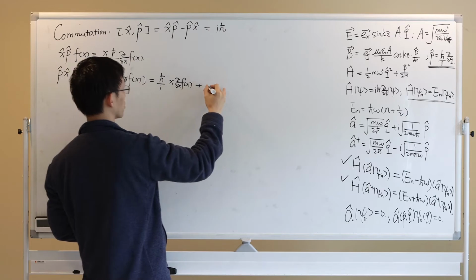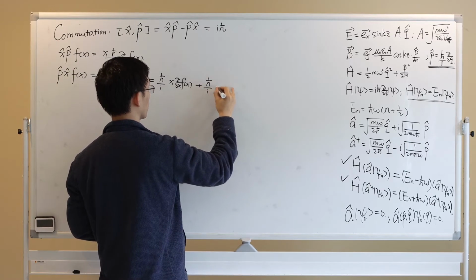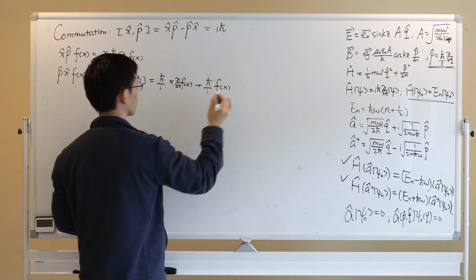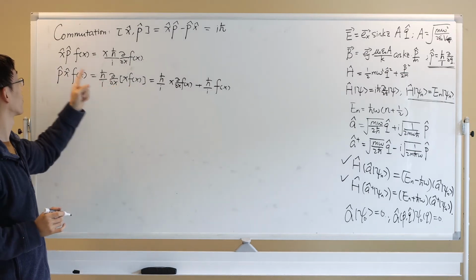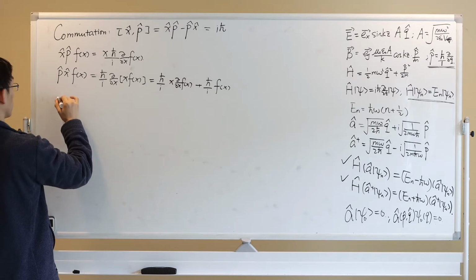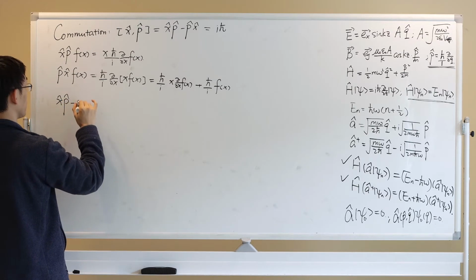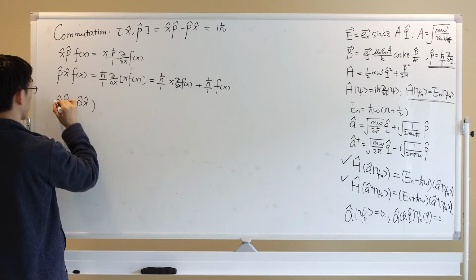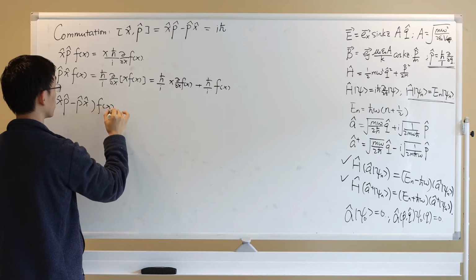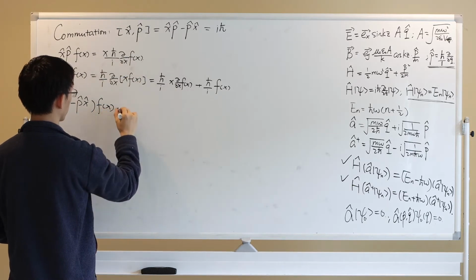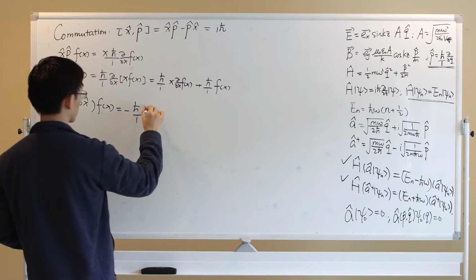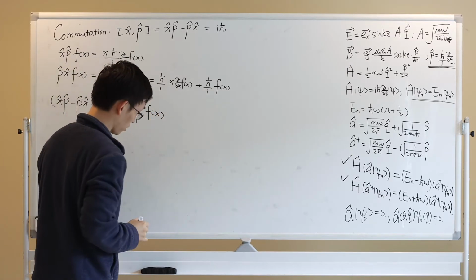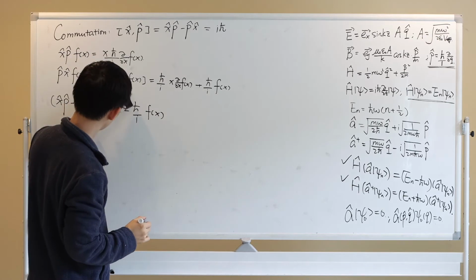So it's h bar over i times f(x), right? If you act on x, then you're left with f(x). So xp minus px, acting on a function, is this minus that, so it gives you minus h bar over i f(x).